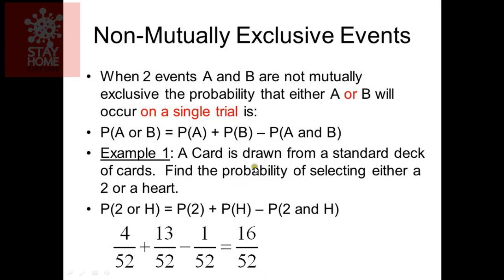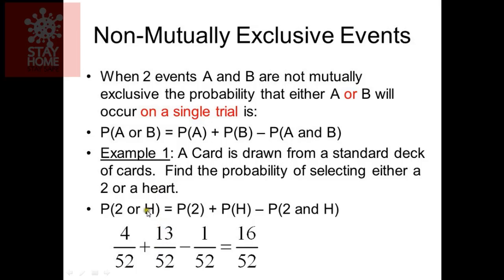Now, an example. A card is drawn from a standard deck of cards. Find the probability of selecting either a 2 or a heart. If you find the probability of a 2, how many 2's are in 52? 4 over 52. And how many hearts are there? 13 over 52.